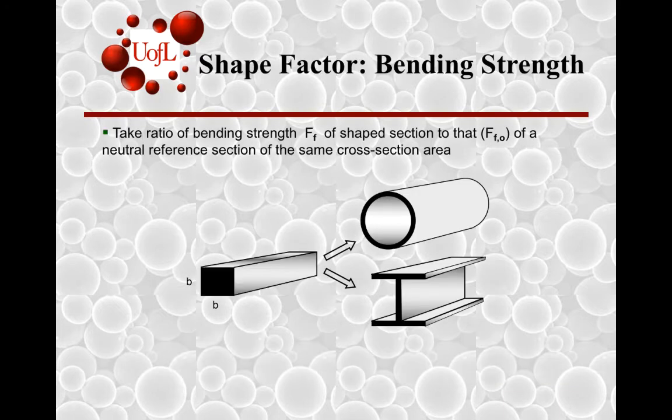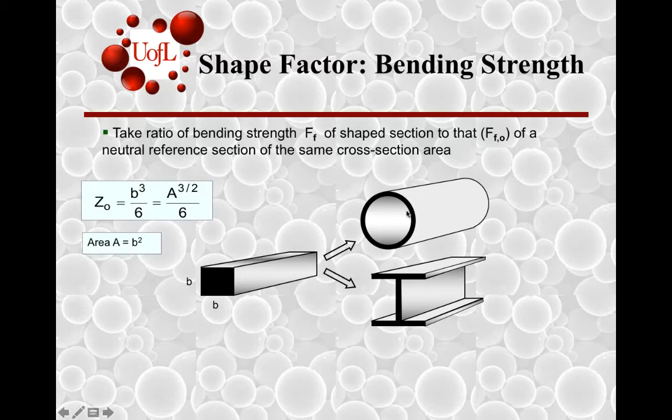We had looked into evaluating shape factors based on bending strength considerations, and we indicated that the ratio between the failure strength for a given shape, normalized to the failure strength for a standard reference shape, in this case a square cross-sectional beam, would allow us to estimate how much more efficient one of these two geometries, the circular tube or the I section, could be relative to the square cross section of the same area.